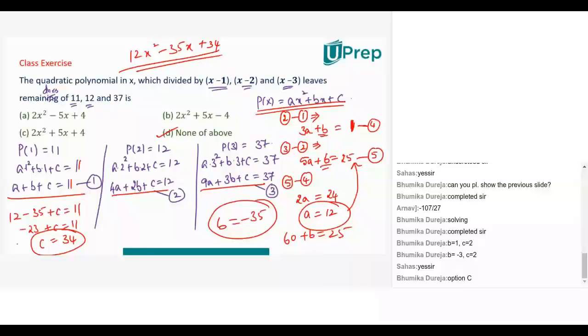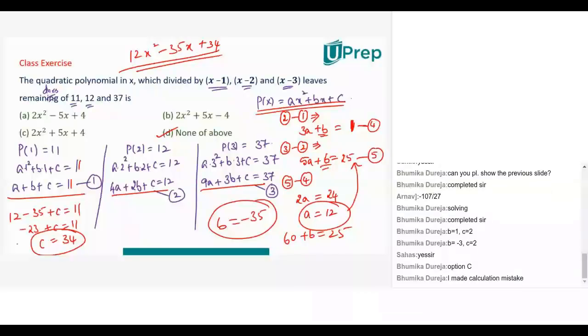But how much I need is 12. 37 is also satisfying, the third condition is also satisfying. If instead of 12 in the question I would have given 22, option would have been C. So I can assume there is a typographical error.